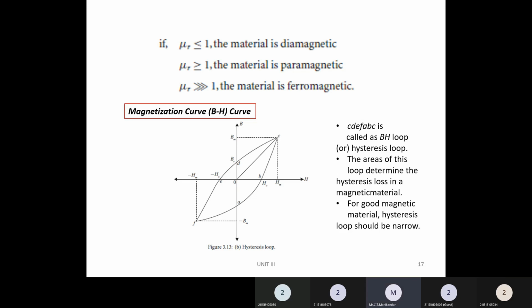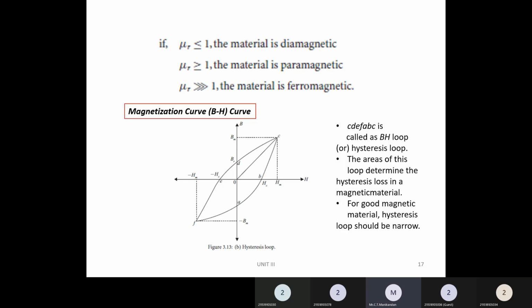As I told you, we can classify these magnetic materials, and we can see the nature of a magnetic material just by seeing this loop. How? If the area of the loop is narrow, then that material comes under ferromagnetic material, that is, it has good magnetism property.